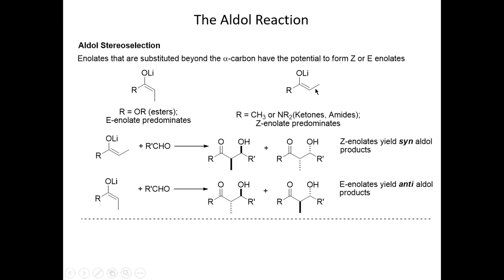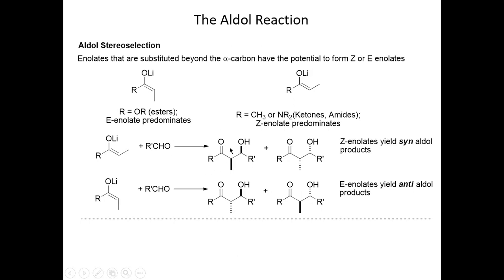You can see the oxygen and this group are on the same side, right? If you recall that from organic one, where we talked about alkene stereochemistry, it's either cis or trans or E or Z, right? So this is trisubstituted, so it's going to be either E or Z. Now that has ramifications, because if you have an E or Z enolate, then you're going to produce products that now have two stereocenters instead of one, right?